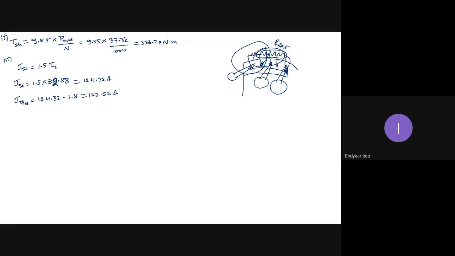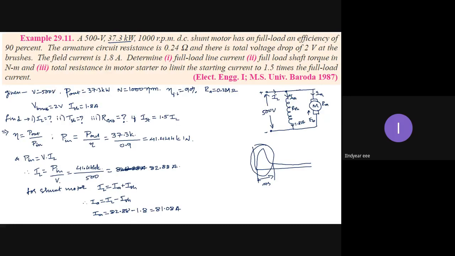One thing we should observe is that the total voltage should get applied to the armature. What is the voltage across the armature now? It is 500. The voltage applied to the motor is 500 volts. Now the voltage across these two terminals is 500 volts.